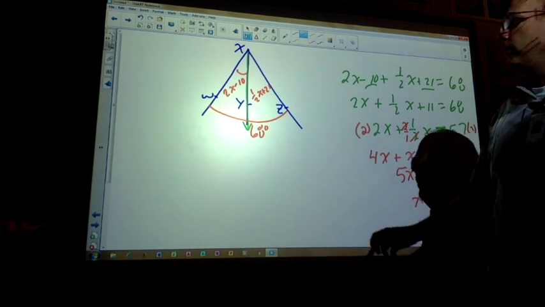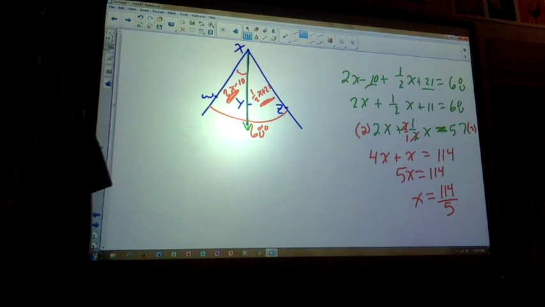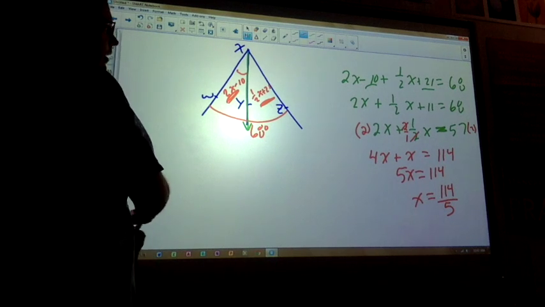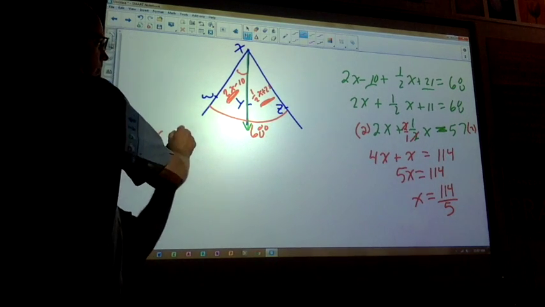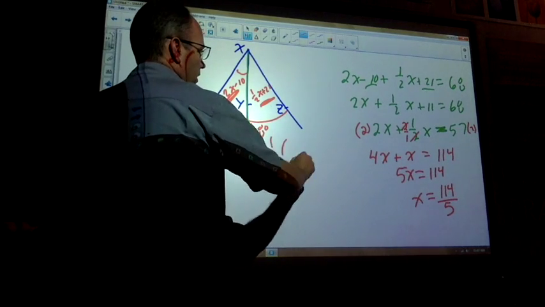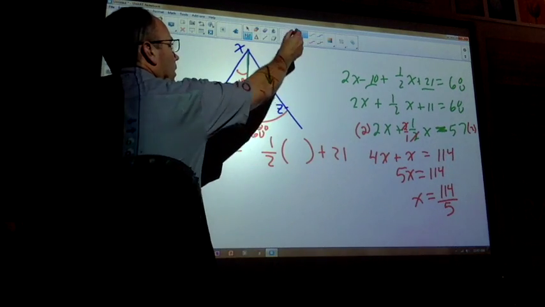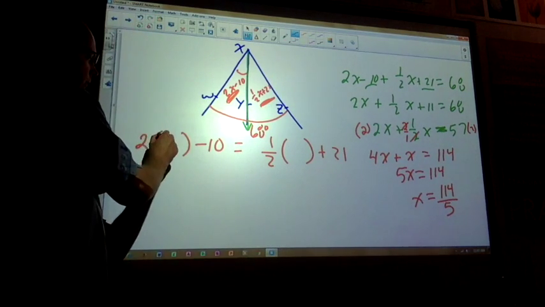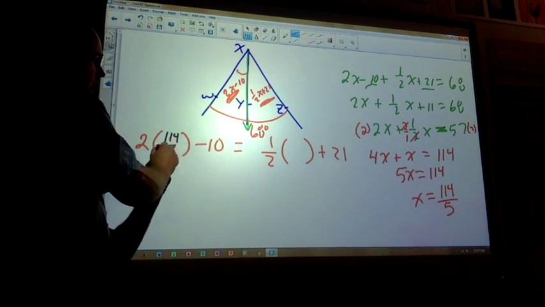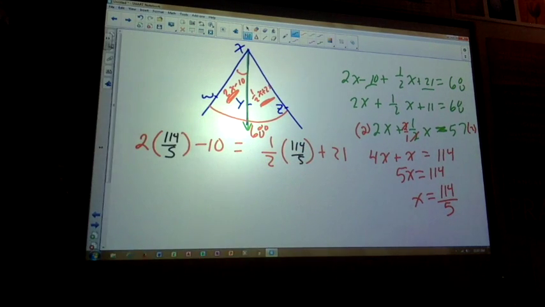How did we know if these were equal to each other? They have to bisect. That's what we're trying to find. So I'm going to take 2x minus 10, and I want to know if that's equal to 1/2 x plus 21. What am I plugging in for x? 114 over 5. If this becomes a true statement, then we can go ahead and make the conclusion.